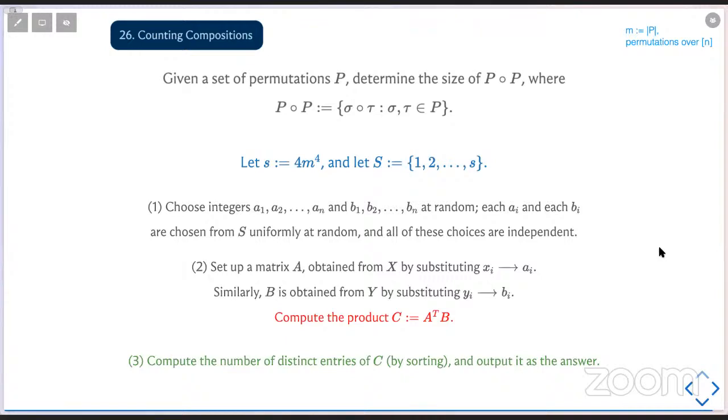But if two polynomials are different, can they end up manifesting as the same value at a random point? For instance, I might have x1y2 plus x2y1, and I might also have x1y1 and x2y2.